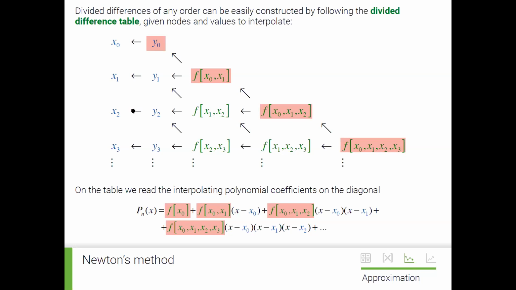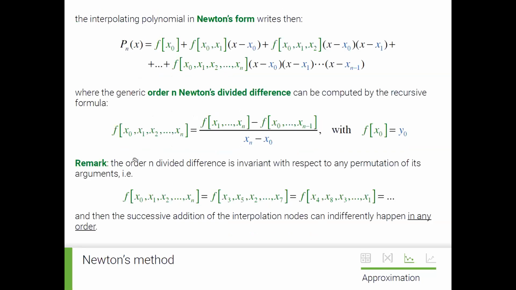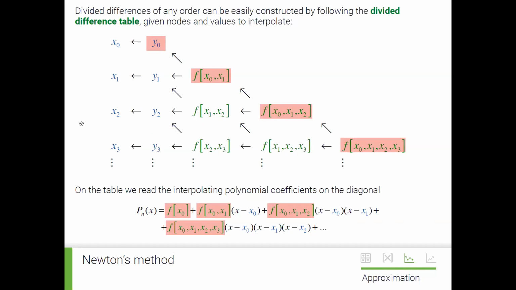So this is the divided difference table. Our forms are given by this table. You can see for the x3 node, it relates to f[x1, x2, x3], and then we find f[x2, x3], then y3. On the table, we read the interpolating polynomial coefficients on the diagonal.